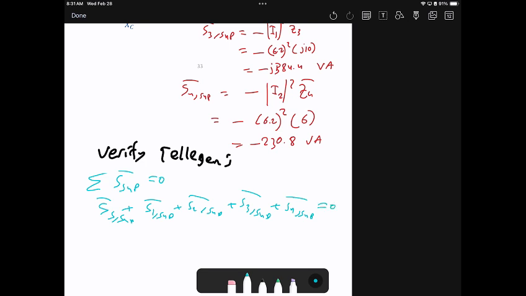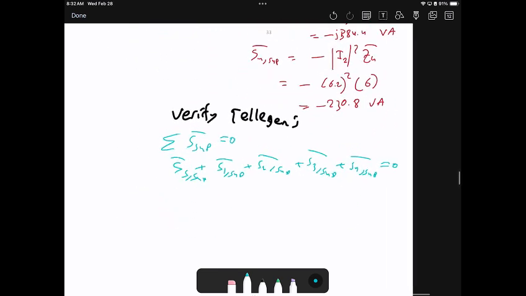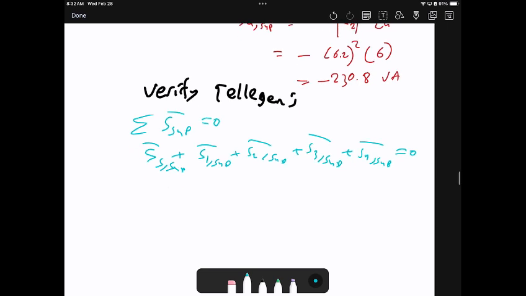So you can validate or substitute these numbers, and you will end up having this as a 0. Okay? If not, then check your answers, check your numbers. Okay, any question? Okay, let's go to the next example.